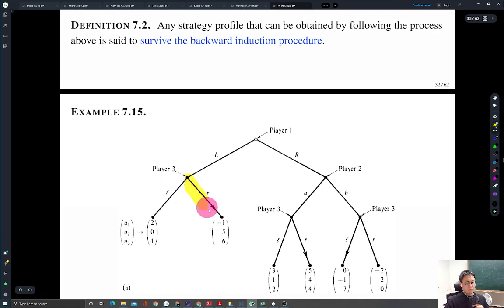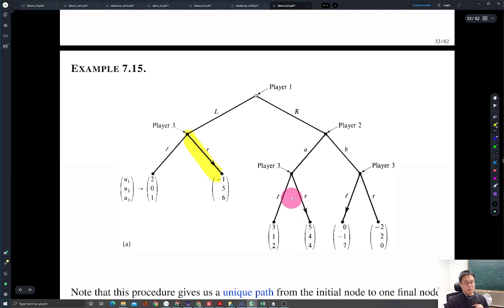Okay? So we specify player 3's best response at this node. Similarly, at this node, we specify player 3's best response. That is also action R. And at this node, now action L is the best response. Okay? And we continue this job until we reach the initial node. Okay?